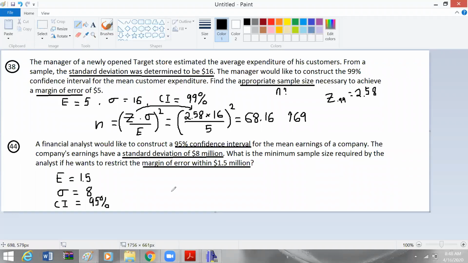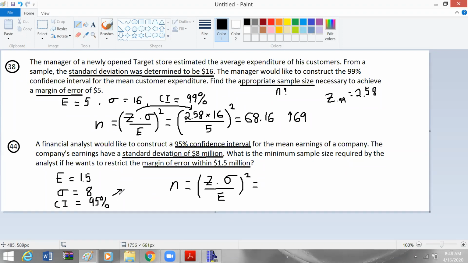Okay. So generally now after that, we're going to deal with the errors. After that, we're going to solve for n. So the n will be what? The n is equal to the z times the standard deviation over e, all squared. And what is the z of 95%?